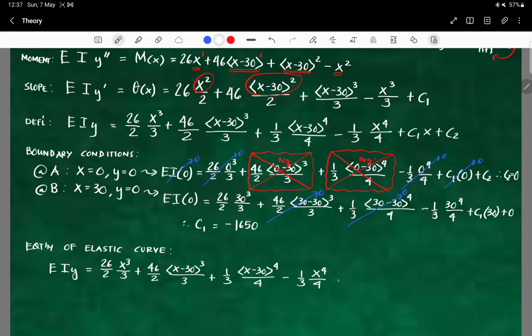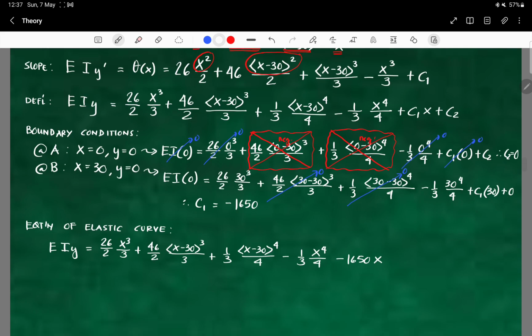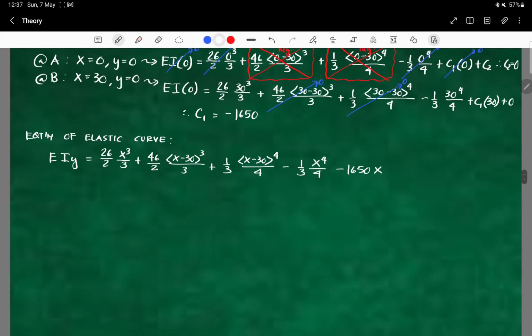We now have the value of C1, which is negative 1650 x, and C2 is 0. So this is the equation of our elastic curve.